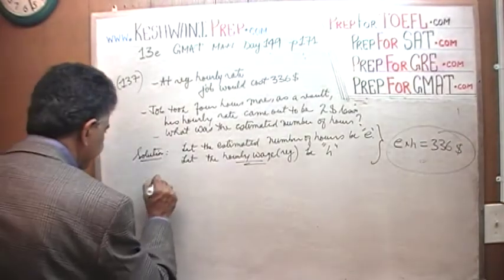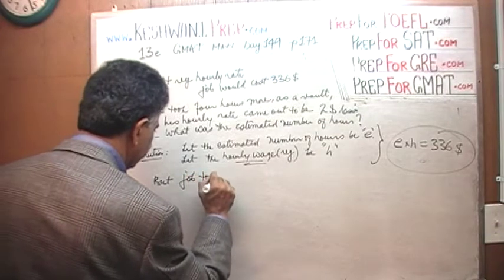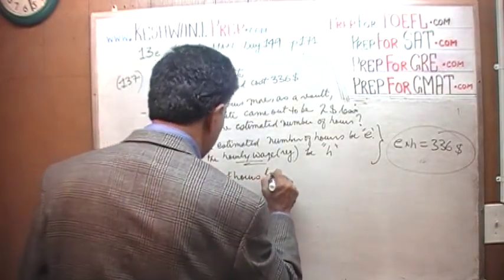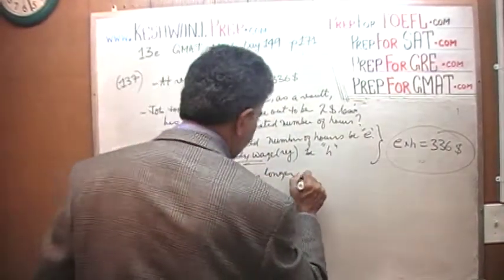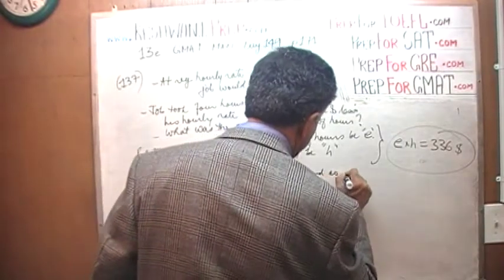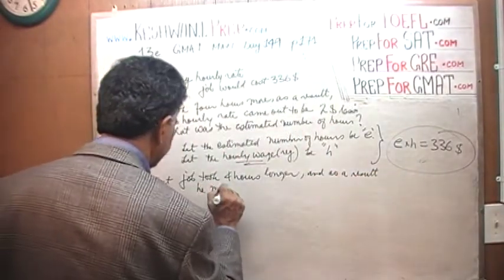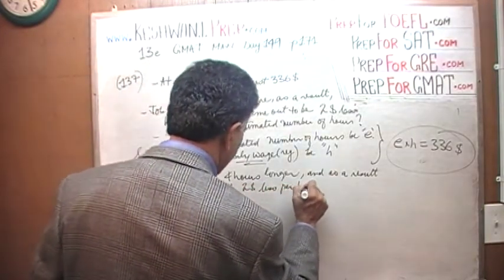But the job took 4 hours longer, and as a result, he made $2 less per hour.